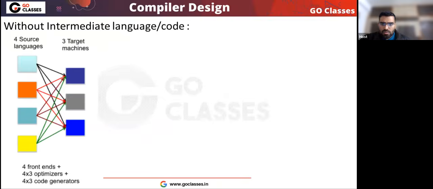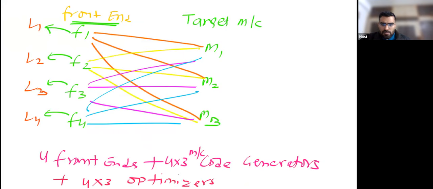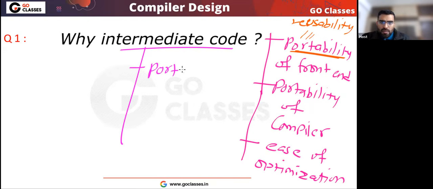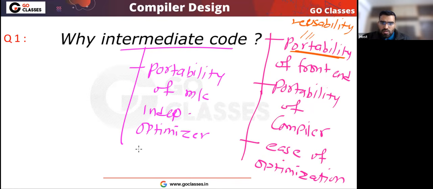These are the purposes: ease of optimization, and also portability of the machine independent code optimizer increases. This we have already seen.